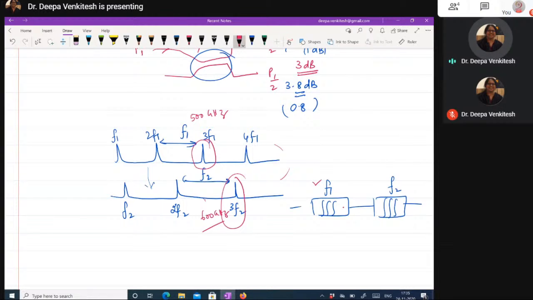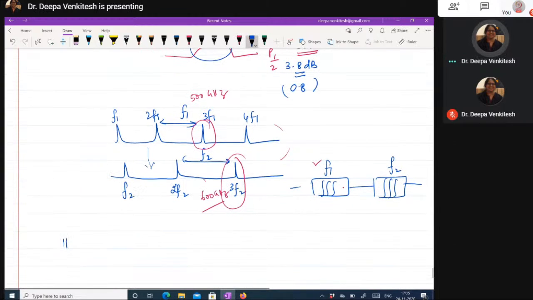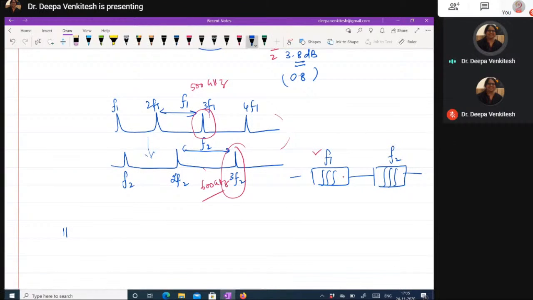Next is question 11. Obviously, I'll give out the answer here. So what do I demand? I demand that m times f1 must be equal to some n times f2. Right? That's what I would demand. Where m is an integer, n is an integer, so that at these frequencies the cascade will work as a filter and it will allow that particular frequency.